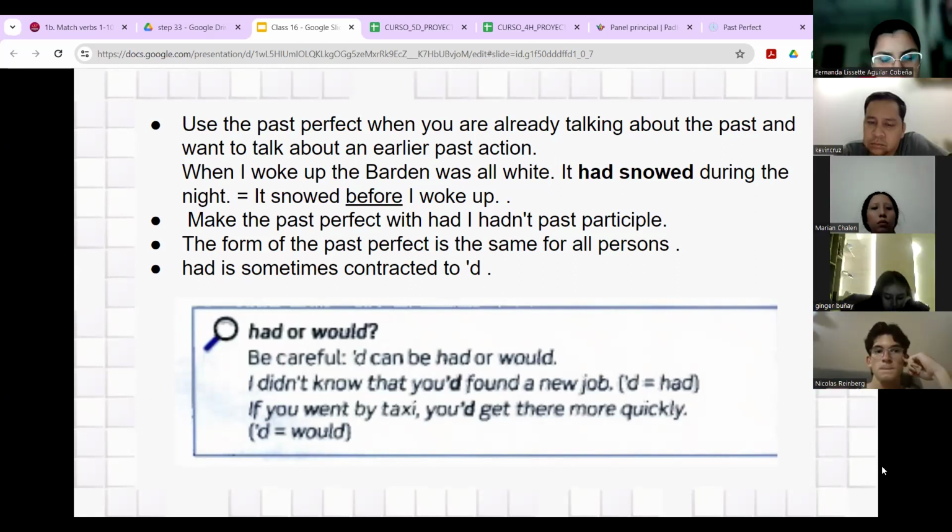Had a guitar, and then you want another guitar. So he could say, I stole my cousin's guitar because my friend had bought a guitar and I tried it and I liked it. So I'm talking about the past and the previous past.